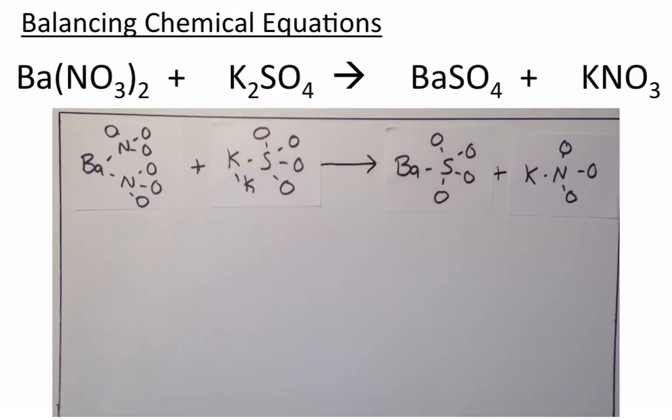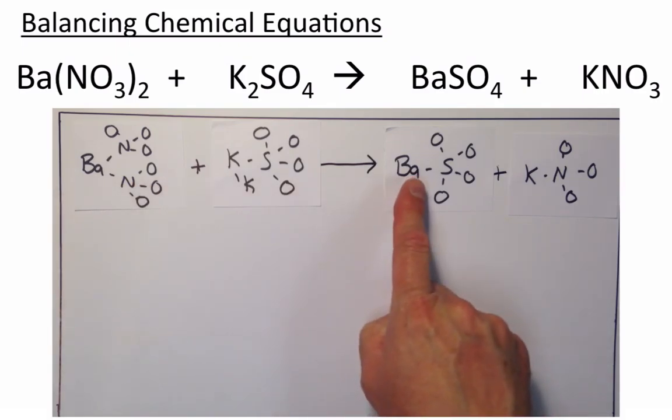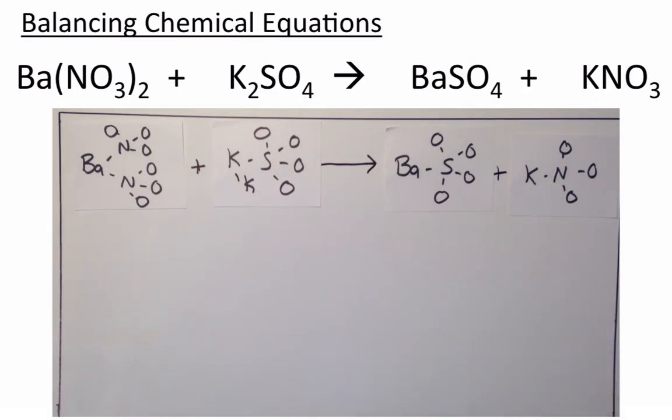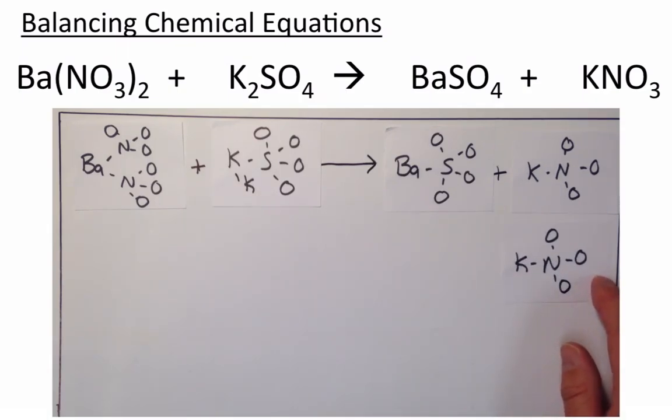Now let's continue with this. We have barium nitrate plus potassium sulfate yields barium sulfate and potassium nitrate. Start with the metals. 1 barium, 1 barium. 2 potassium, only 1 potassium. Let's add another potassium. Now I have 2 potassiums.